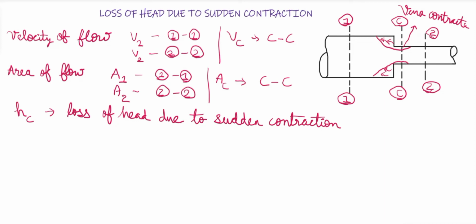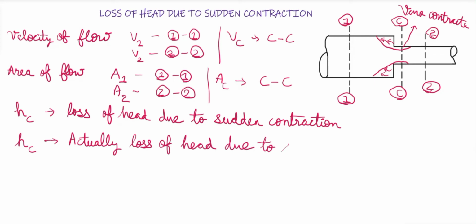And then we'll find HC, which is actually the loss of head due to sudden enlargement from section CC to section 2-2. Like I already explained, the head loss occurs due to sudden enlargement from section CC to section 2-2.